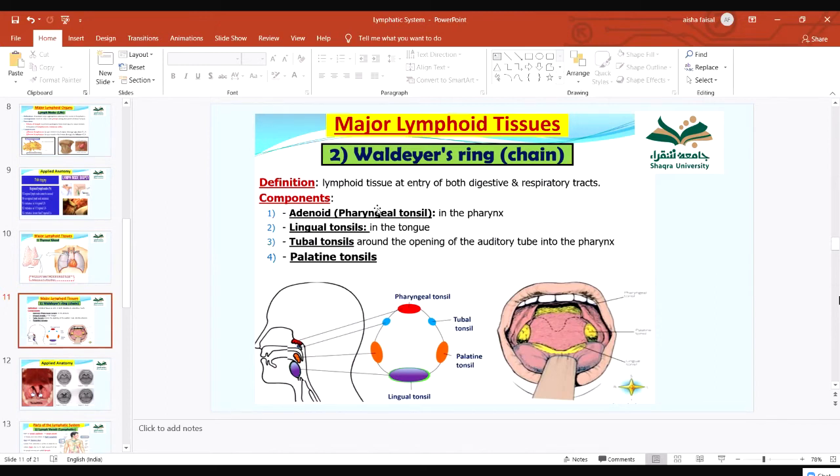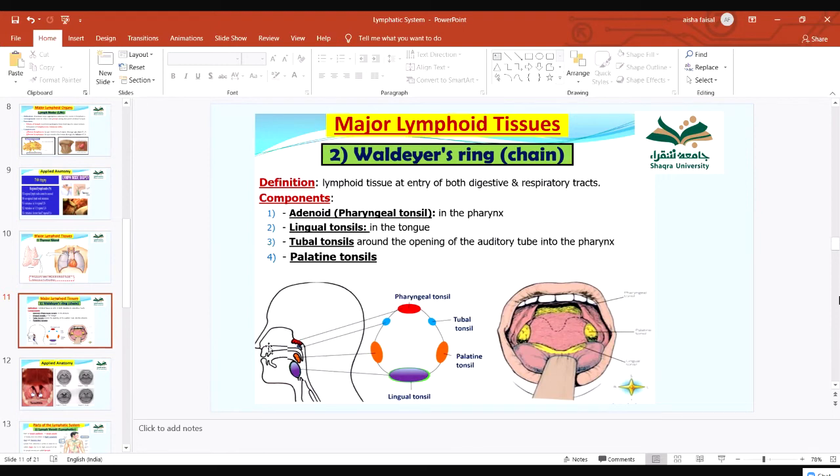You can see lymphoid tissue at the entry of both the digestive and respiratory tracts. This entry site is very critical, because these are large openings, the nasal cavity opening or the oral cavity, oral vestibule or nasal vestibule, and they can invite pathogens very easily.